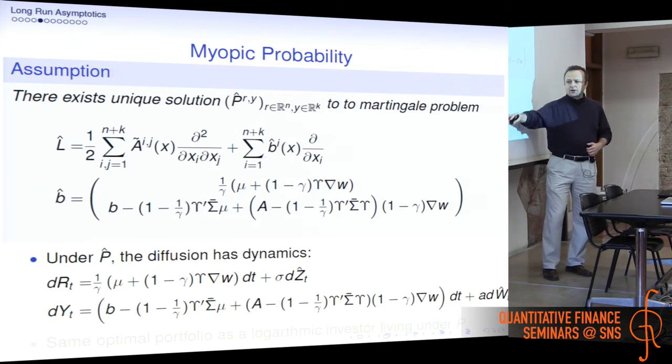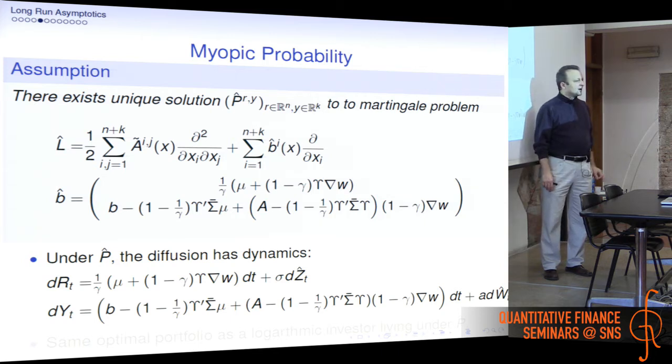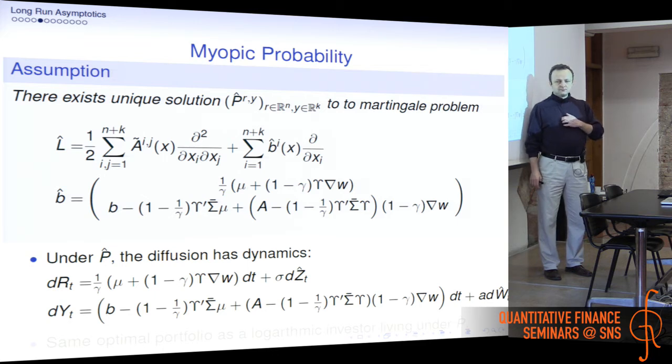If you make sure that this is indeed the case, what you achieve is that now you have a license to change the measure between P, which is the original measure, and P hat, which is the measure defined by this martingale problem.